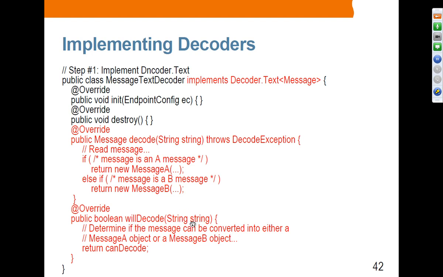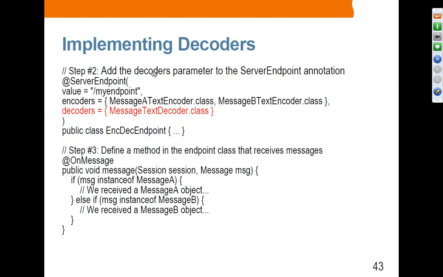If the data coming from the other communication end is a string, you can call whether this will decode into a particular object. So that is the decoder, and again, you can configure the decoder on your endpoint.